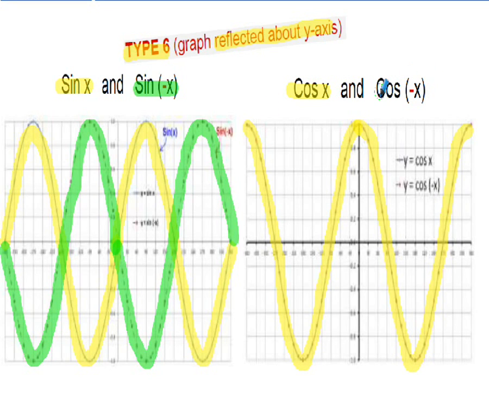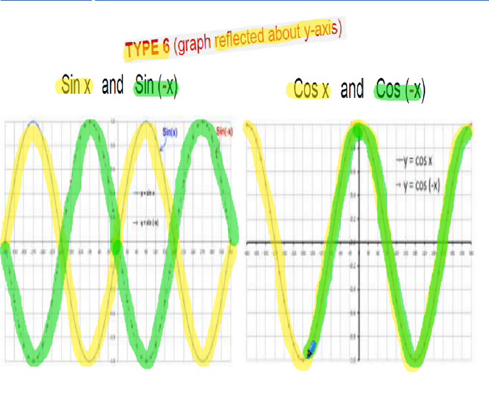If we now plot the function cos of negative x, we find we actually get exactly the same shape as a cos x waveform between 0 and 360 degrees, and the same shape between 0 and negative 360 degrees. So we still have our reflection about the y-axis, but we have the same shape reflected.